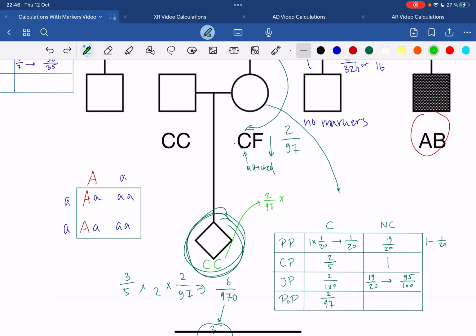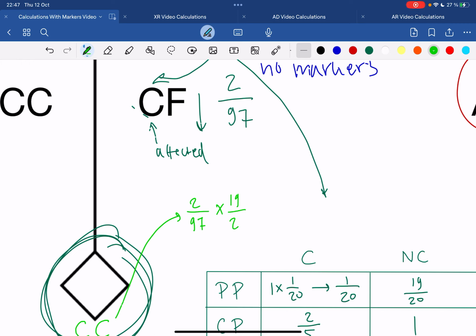Instead, we take it times the high risk of this child not having crossing over occurring, right? Because even if he gets this C from his mom right here, there's still a chance that this C is actually an undercover F due to the crossing over. So high risk for being affected is 19 over 20, which means we write in 19 over 20.